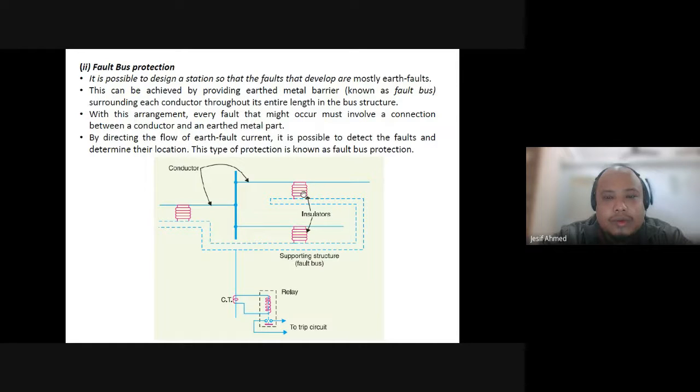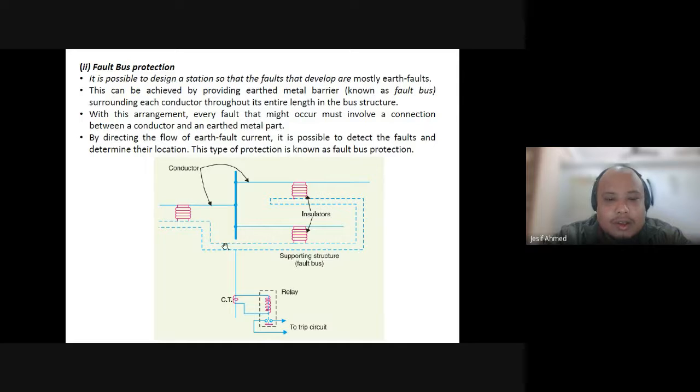So if there is any fault, because this is earthed and metallic, that fault will involve this connection between the conductor and the earthed metal part. Now by directing the flow of earth fault current, it is possible to detect the fault and determine its location.